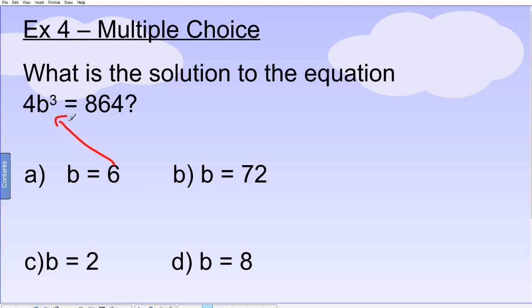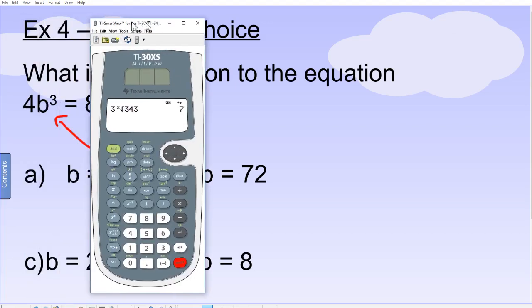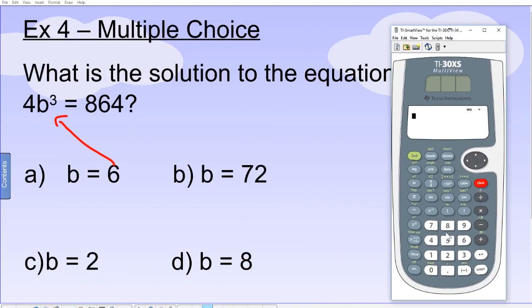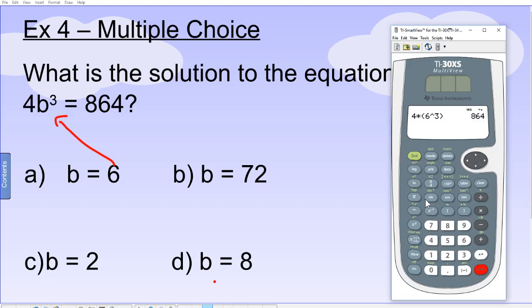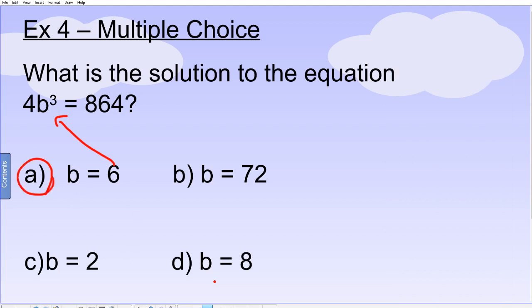If you plugged in 6 here and typed into your calculator, is 4 times 6 to the 3rd power, 6 cubed, equal to 864? Oh, sorry. In that case, yeah, it looks like it does. It looks like letter A is my answer. So my guess and check method solved it in one guess. Sometimes you get lucky, sometimes you don't.